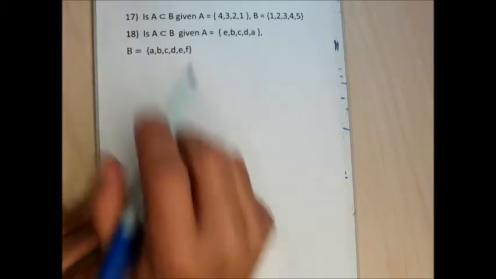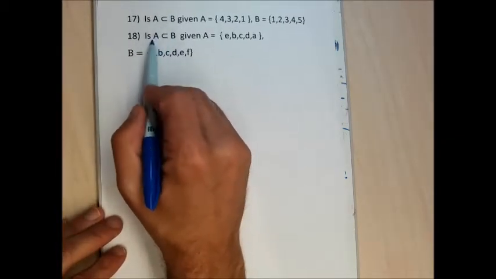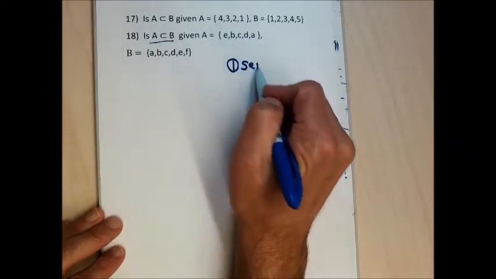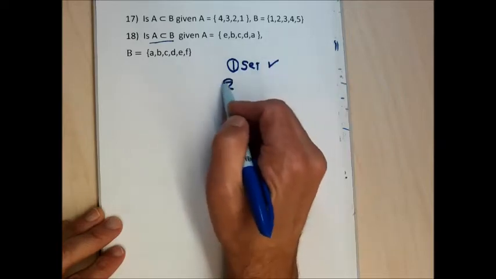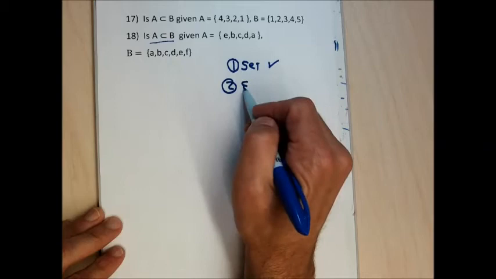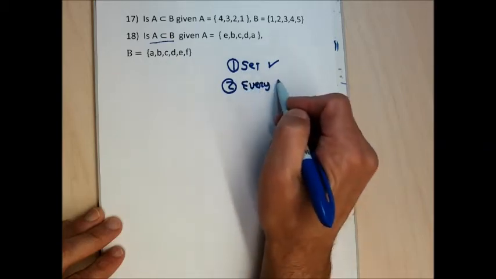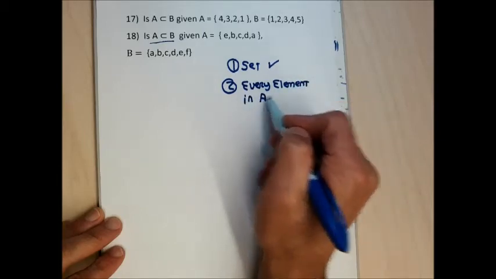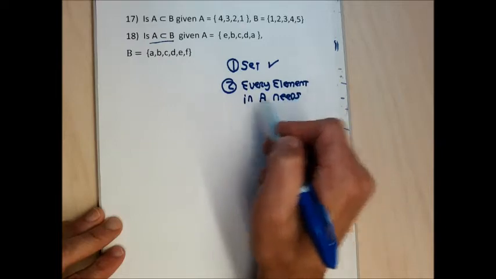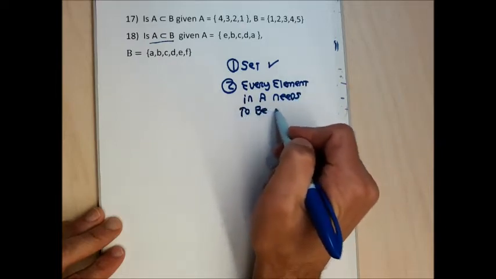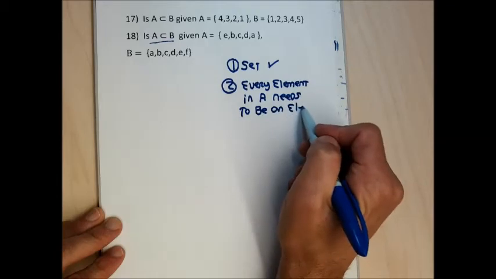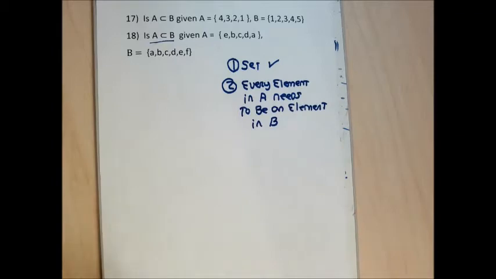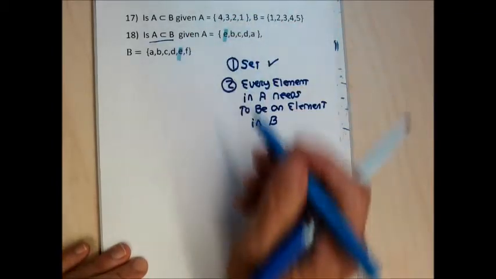Okay, for me, in problem 18, is A a proper subset of B? I have rule 1, A needs to be a set, and A is a set. Rule 2, every element in A needs to be an element of B. So let's look at my elements of A. I have an E in A, there's an E in B, so that's not a problem.